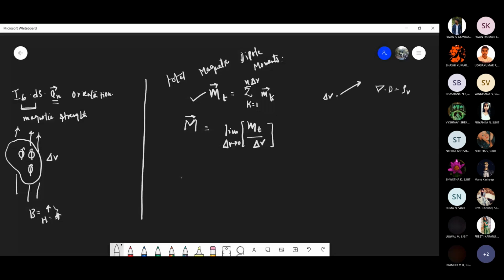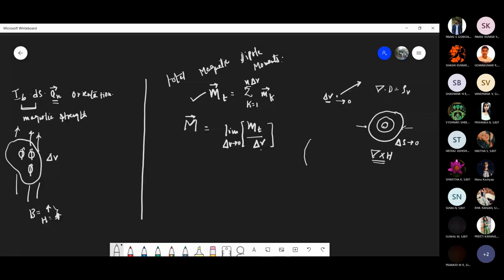Divergence of any given vector is taken when the volume is shrinking to 0. Similarly, you have a magnetic field, and the surface shrinking to 0, delta S made 0, in order to understand the curl of H. You understood the curl concept at a point, and the divergence concept also at a point, by making the volume shrink to 0. Here also I am trying to shrink this volume.